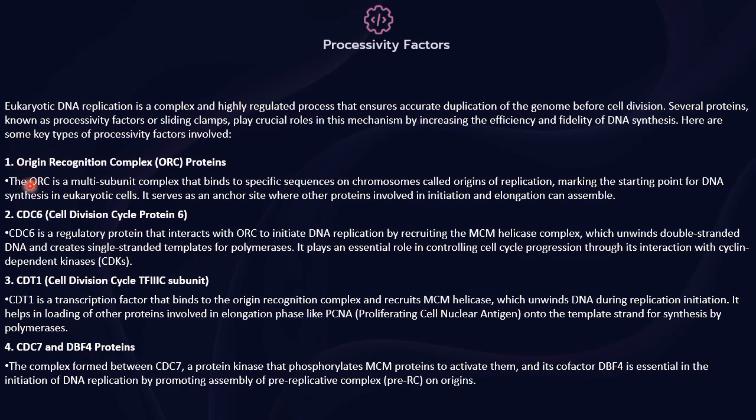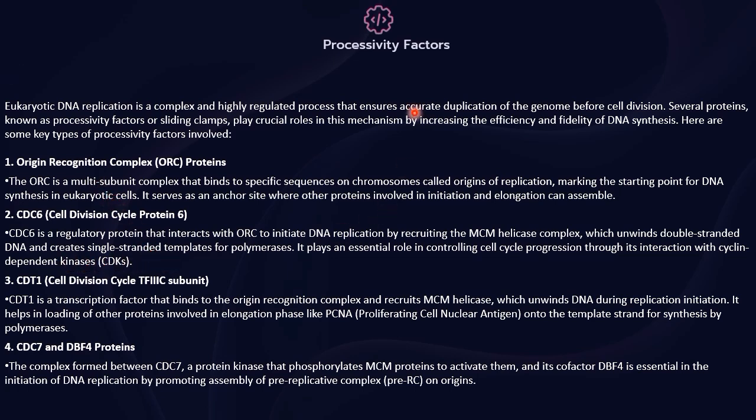Now, the second one is CDC6, that is cell division cycle protein 6. It plays an essential role in controlling cell cycle progression through its interaction with cyclin-dependent kinase, as the process of eukaryotic DNA replication is tightly regulated with the cell cycle. Thus, it also acts as a processivity factor.